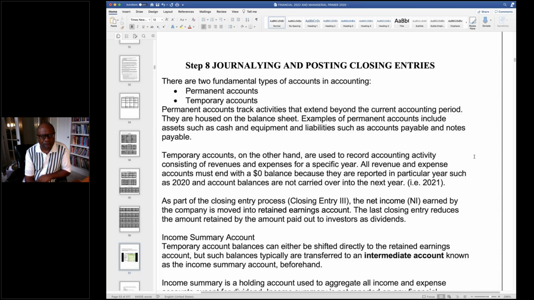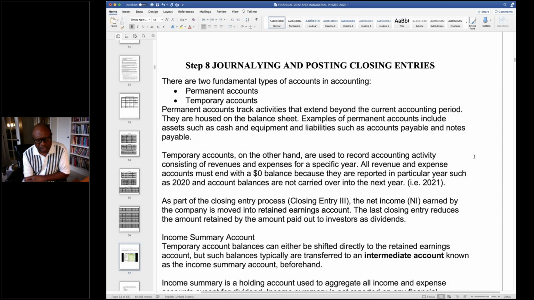When we run a company, we have permanent accounts and temporary accounts. The temporary accounts are retained earnings accounts that we utilize so that we can calculate income and expenses. But once we've done that, then we close those accounts out. We close those accounts out because we have to do the same thing again the next year.